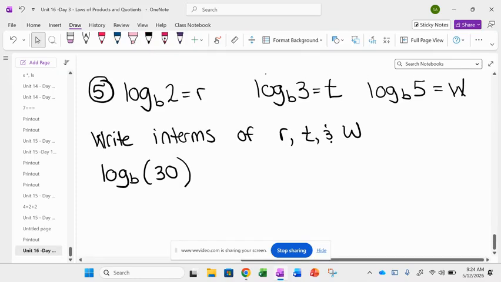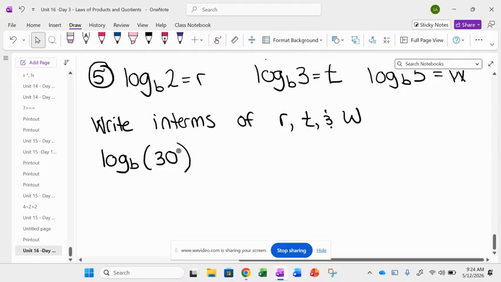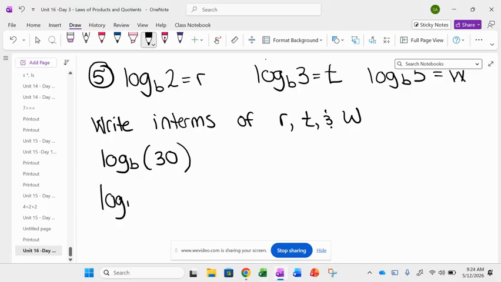Okay, so I need to make 30 into some multiple of 2, 3, and 5. So do we agree if I have log base b, I can change 30 into 2 times 3 times 5?